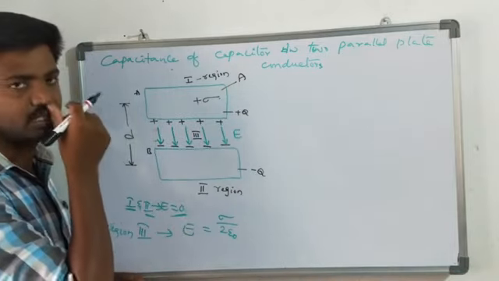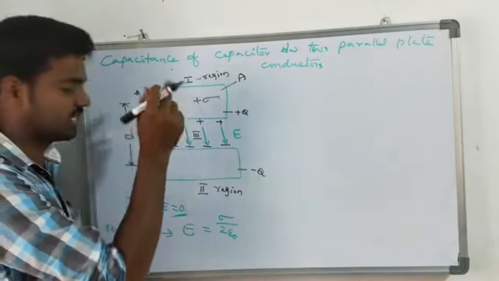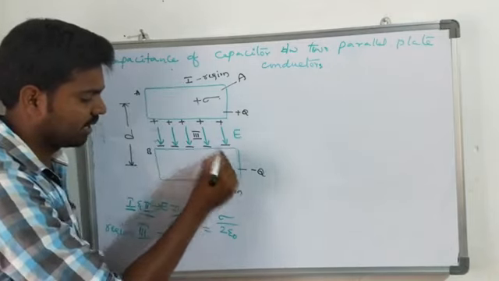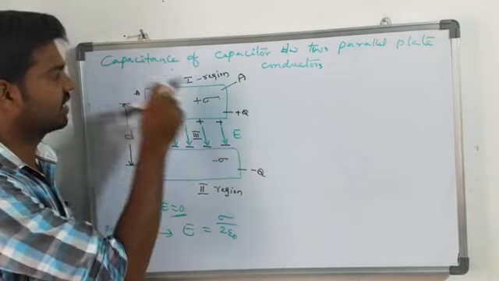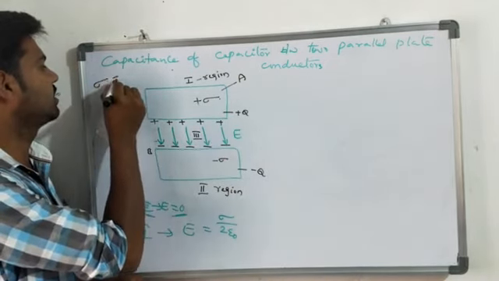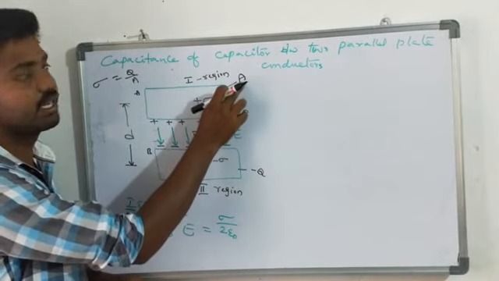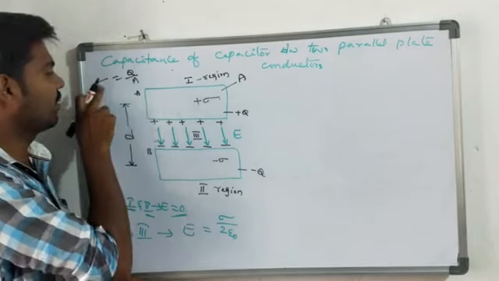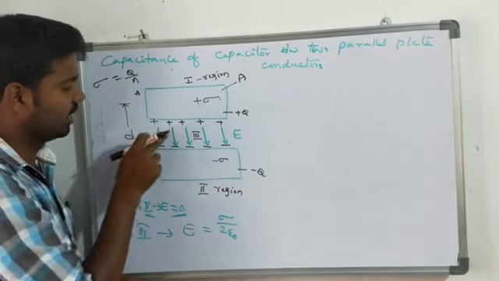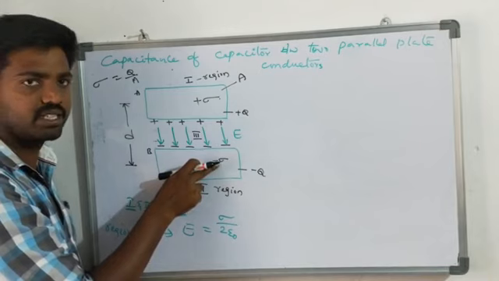Due to the positive conductor we have positive surface charge density, and the other has negative surface charge density. The surface charge density sigma is equal to Q by A, charge per unit area.